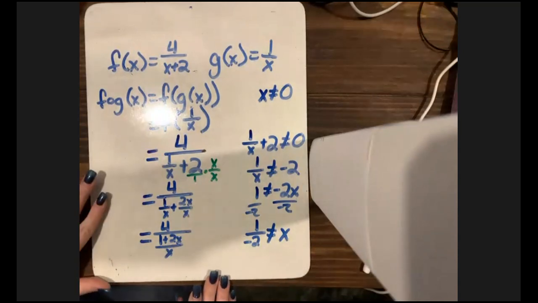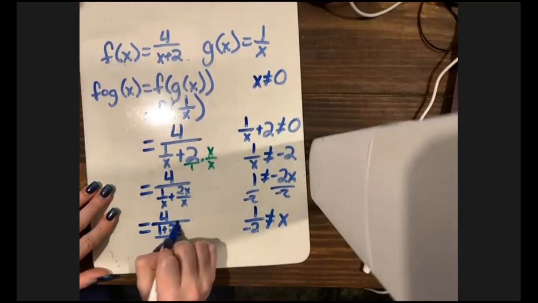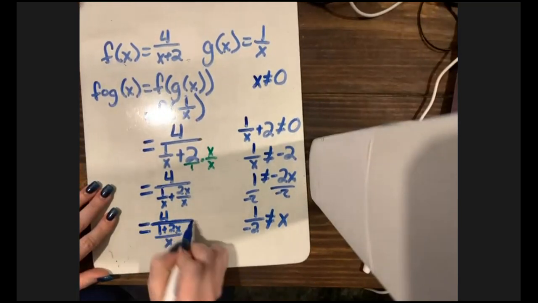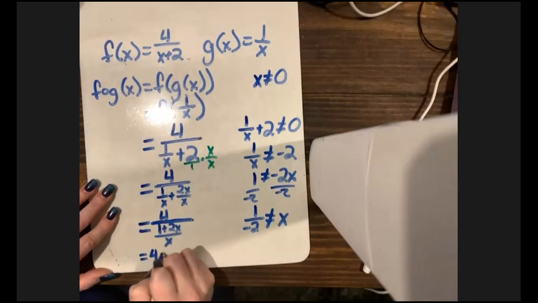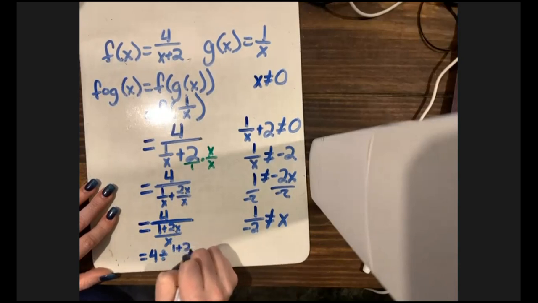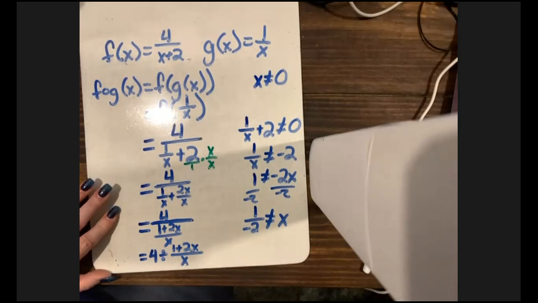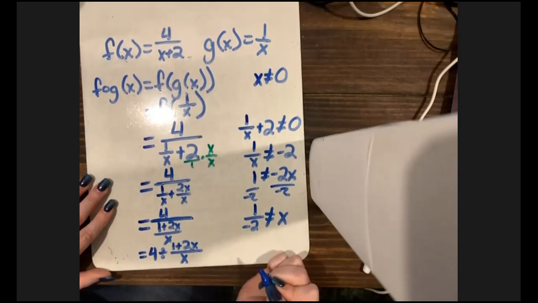Okay, so I have this now. This is where we go back to some kind of elementary stuff. Guys, fraction bars mean division. So I'm going to rewrite this as 4 divided by this 1 plus 2x over x. Okay.